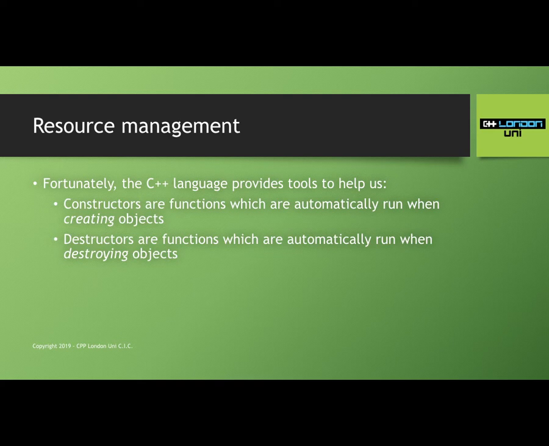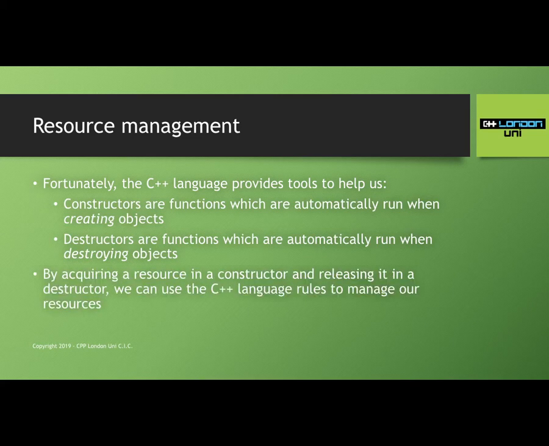So we've already seen constructors. They have a counterpart, destructors. And if we use these facilities, if we acquire a resource in a constructor and we release that resource in the destructor, then we can use the language rules of C++ to ensure that resources are always released exactly when we're finished with them.